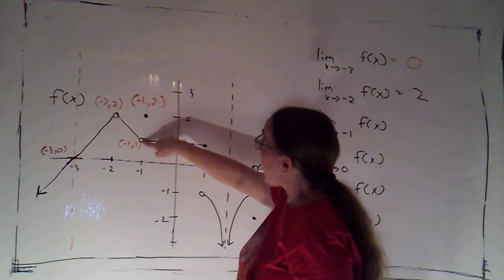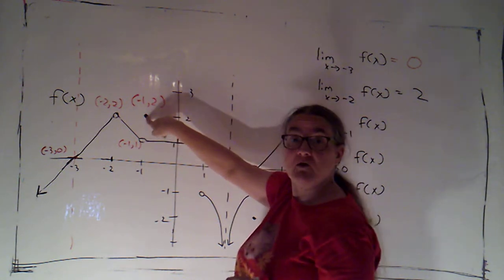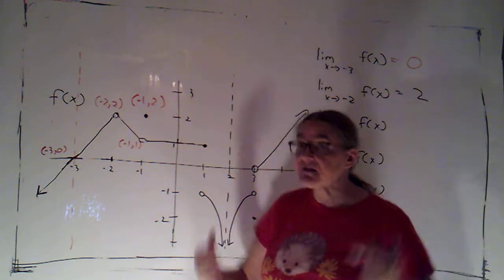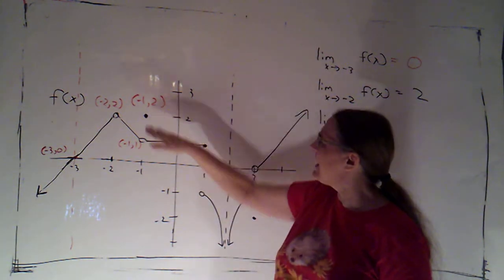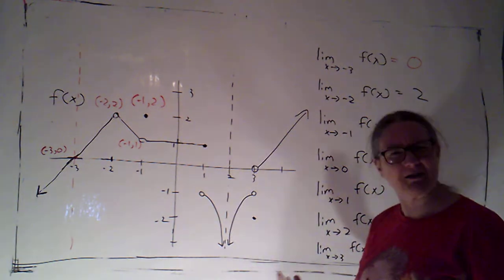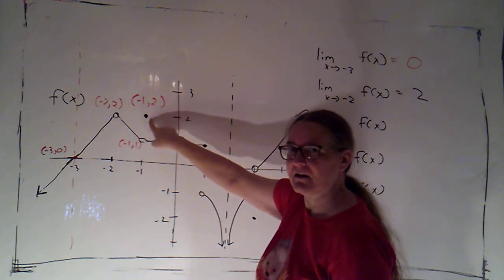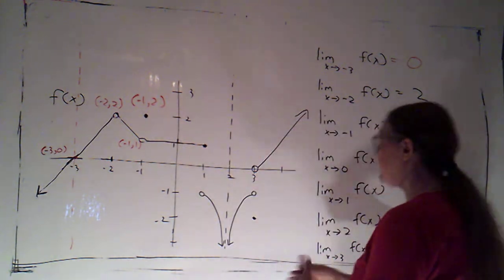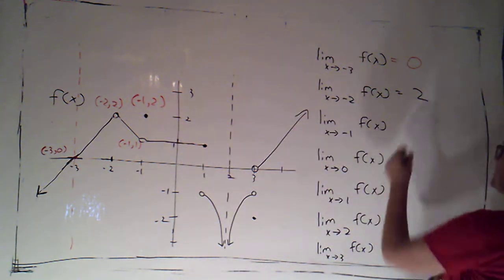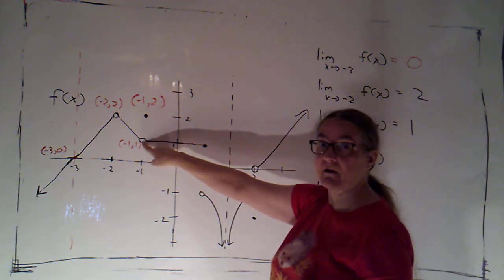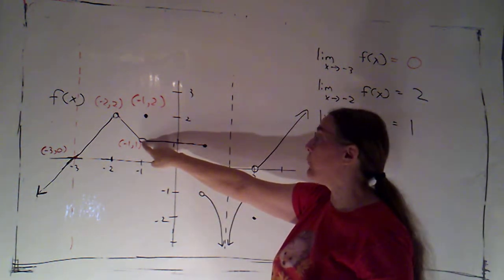Now, there does happen to be a point whose x value is -1. I don't care. That's not relevant to the limit. That's weird, that's surprising. I didn't expect there to be a point there. The limit is telling me where I expected there to be a point, and I expected there to be a point right here with a y value of 1.